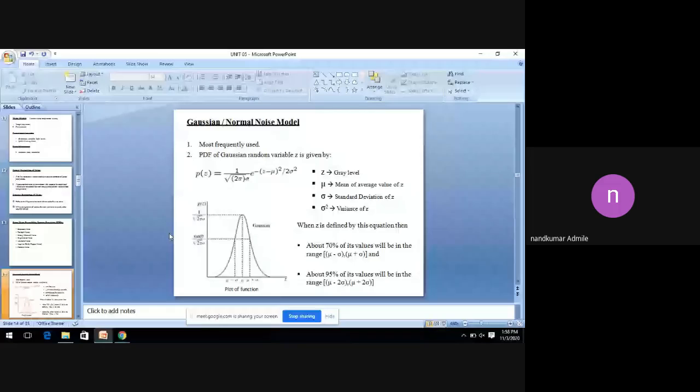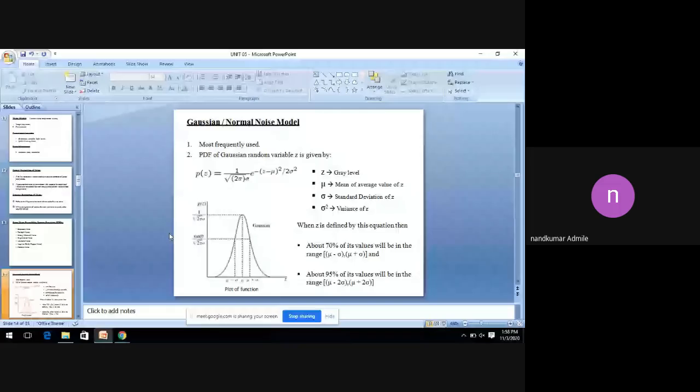So up to unit number 5, the first five units are related to image processing. Here we complete the image processing part. There are two more units which are related to video processing, and in the next lecture we will start with video processing.